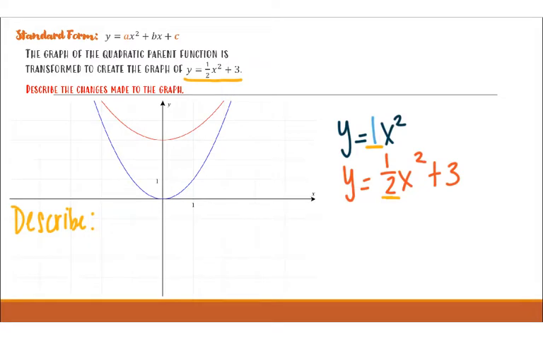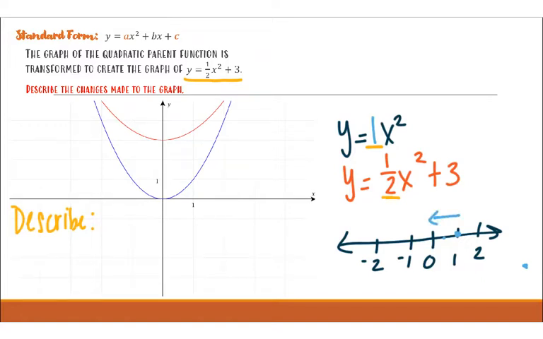I'm going to draw a separate number line over here so that we can have a better reference of where these numbers are in comparison to 0. So here we have 1 and then we have 1/2. If you notice, our a value is getting smaller and it is traveling closer to 0.